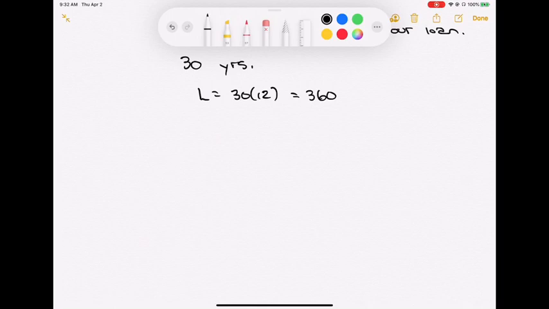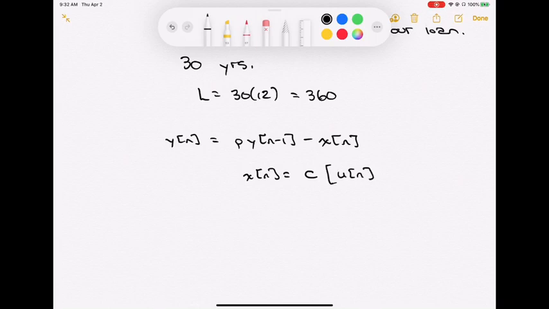Back to our equation then. We have our loan balance, Y of n, being equal to something, right, based on our previous loan balance, minus X of n, where we now know that X of n, right, is equal to some amount C. That's the thing we don't know. That's what we're going to try to figure out. C times u of n minus u of n minus L, something along those lines.